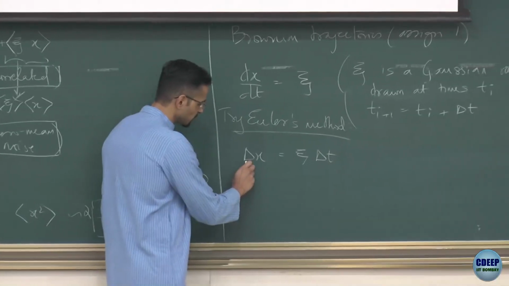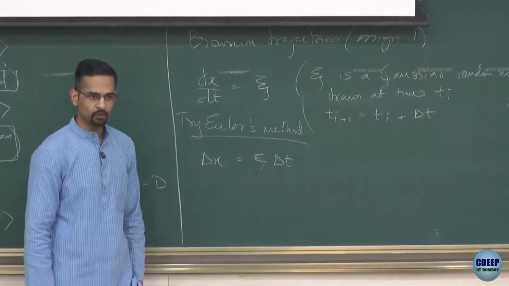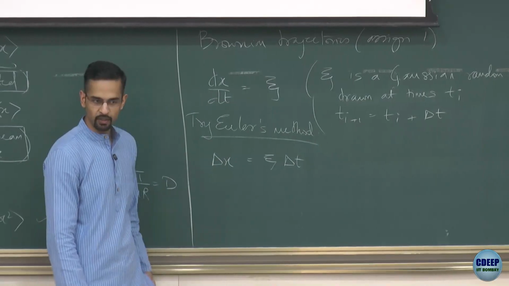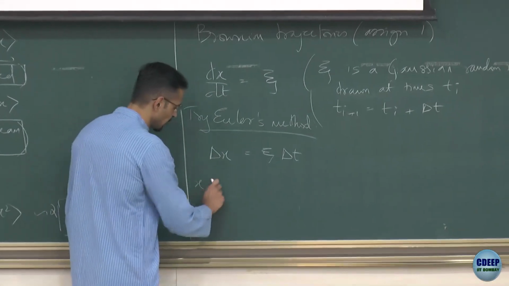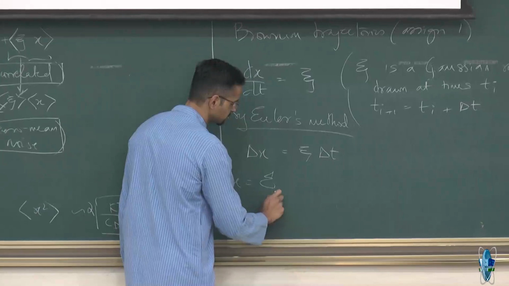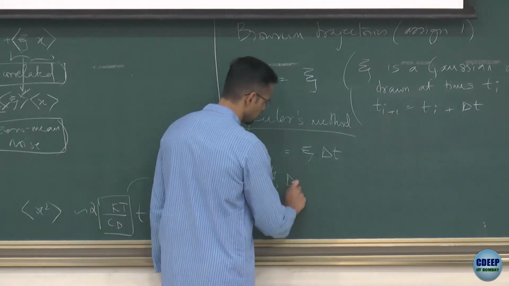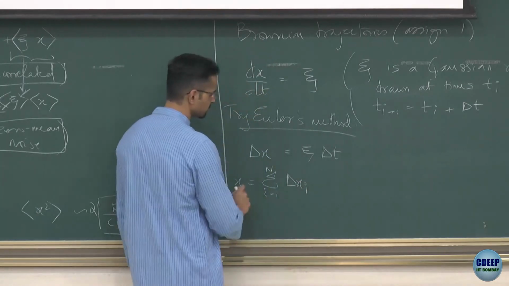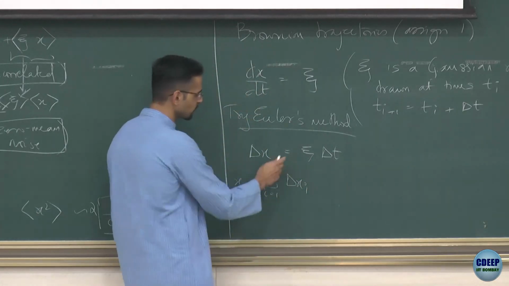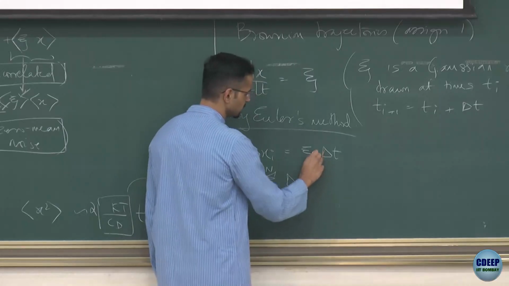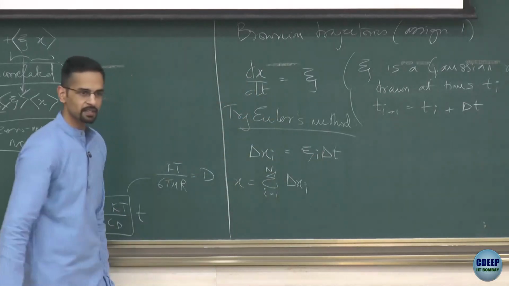Now I want to check what will happen to x square if I actually do this kind of calculation. x is nothing but the summation, i goes from 1 to n, of delta x_i, which is zeta_i delta t. The zeta_i's are drawn from that distribution.